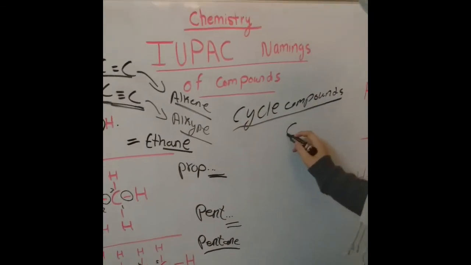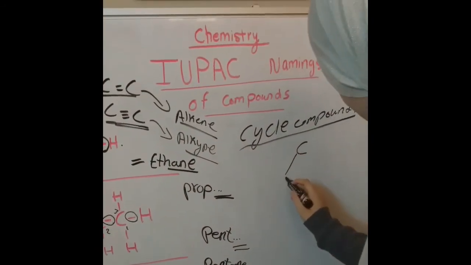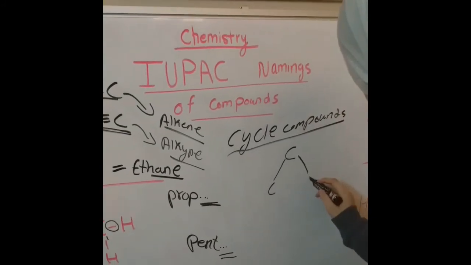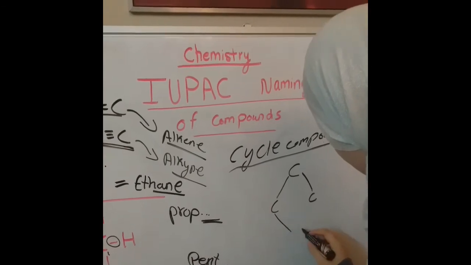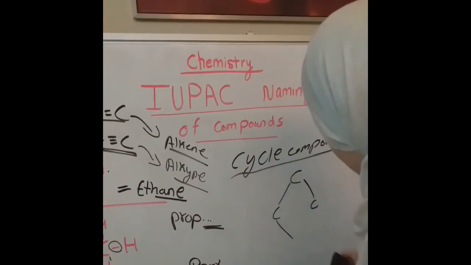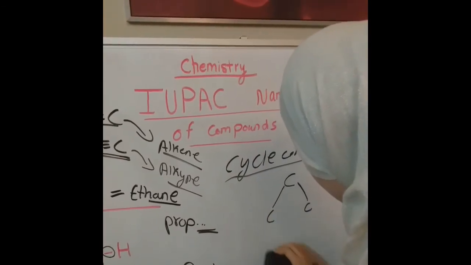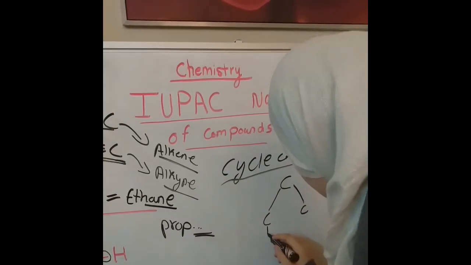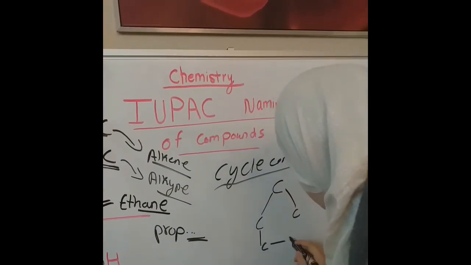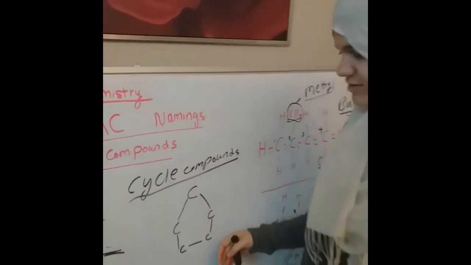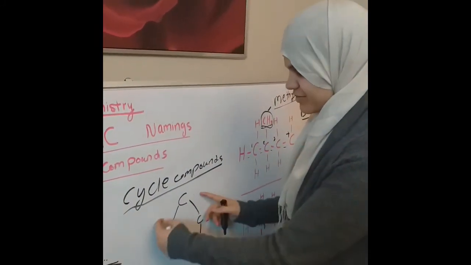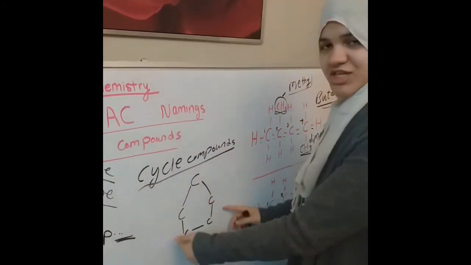So C, here 1, 2, 3. So here this cycle is like a home shape. It's like a house shape.